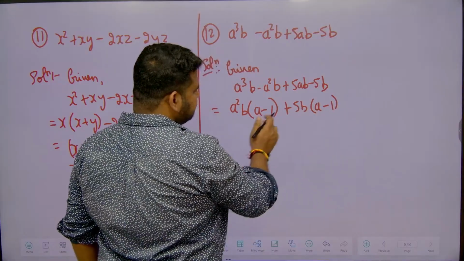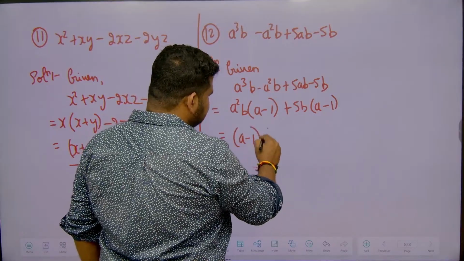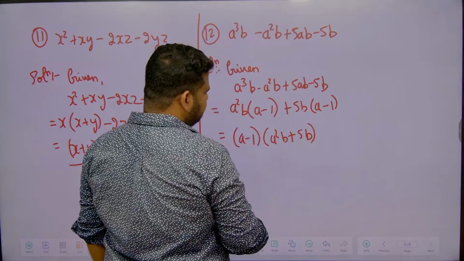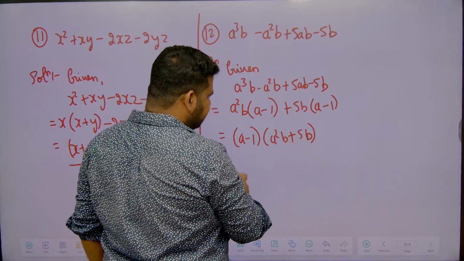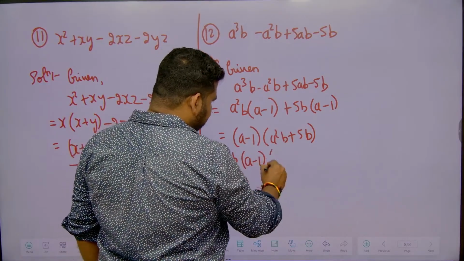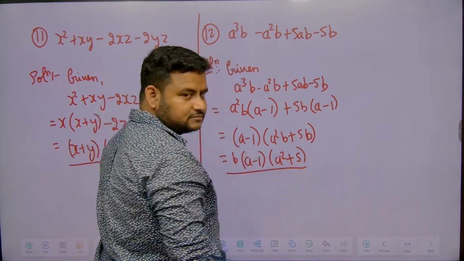A minus 1 is common, so I will take a minus 1 outside. What is left inside? A square b plus 5b. Here also can I take common? Yes, b I can take common. This will become a minus 1, b I will write here, and this will become a square plus 5. That's it. Simple.